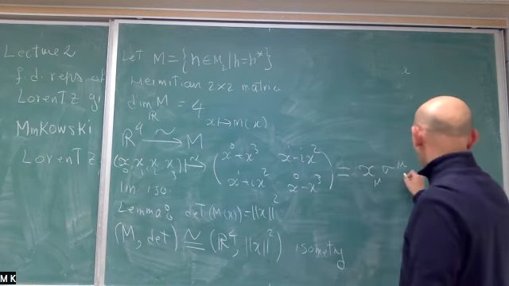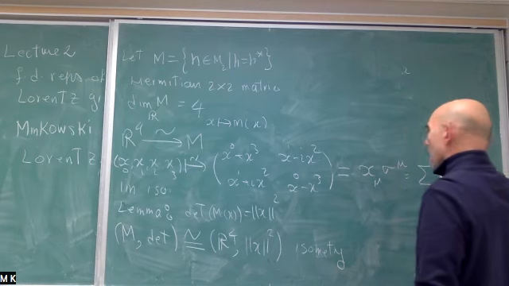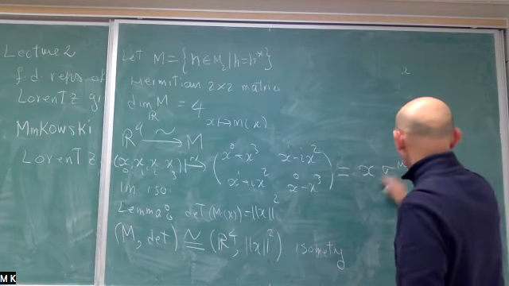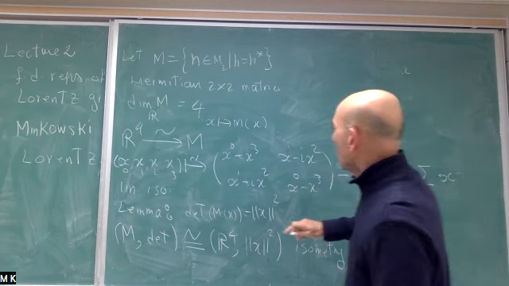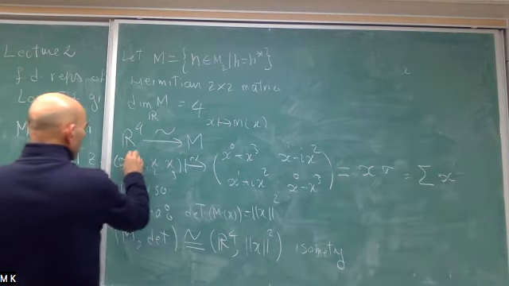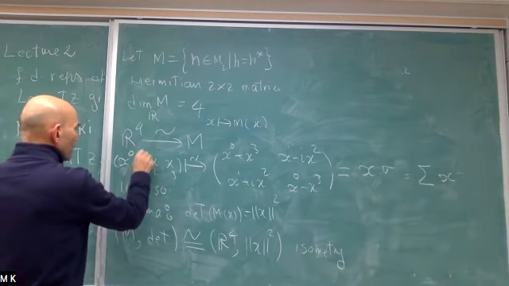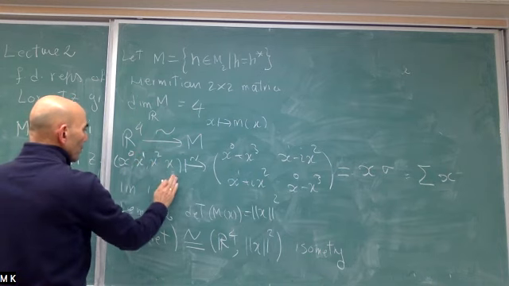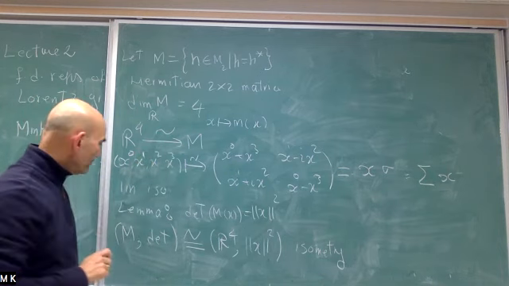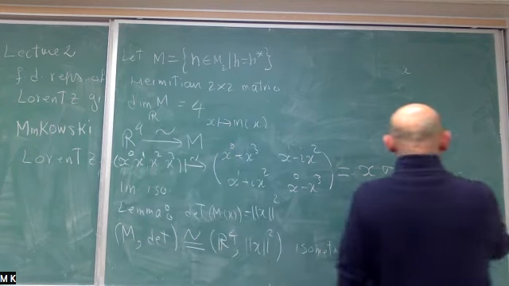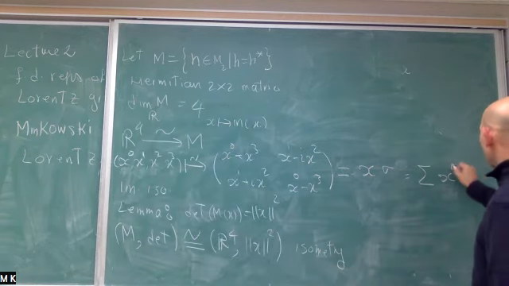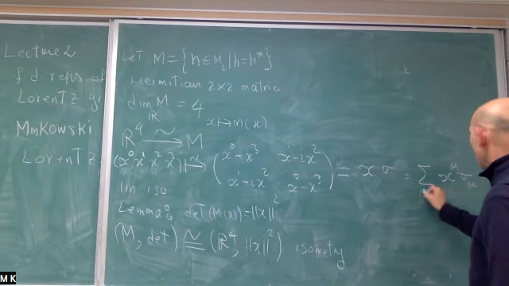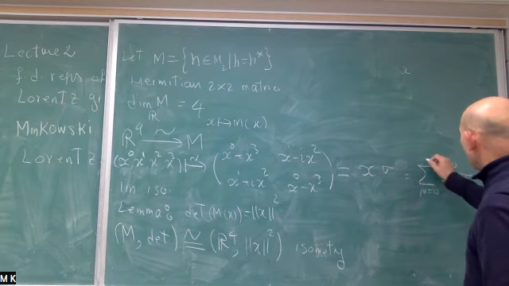I just screwed up my indices, up and down. So this is x mu sigma mu, with mu equal to 0 to 3.